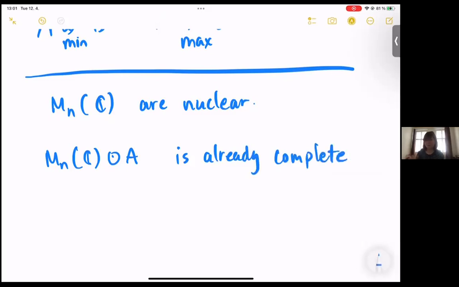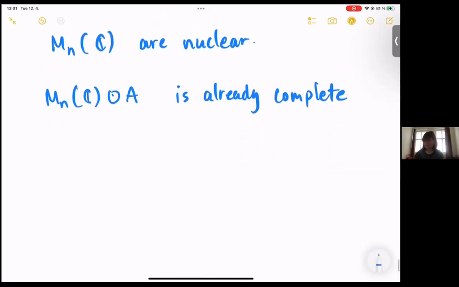And since we know that if you have a C-star algebra, then the C-star norm is unique, all tensor products have the same C-star norm.